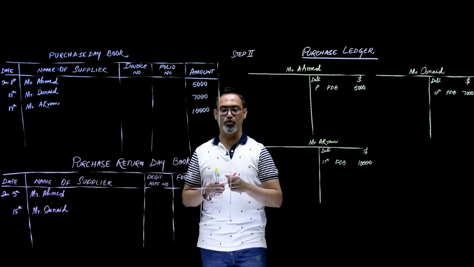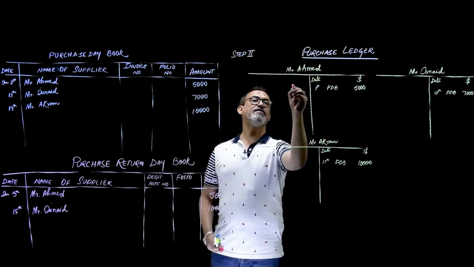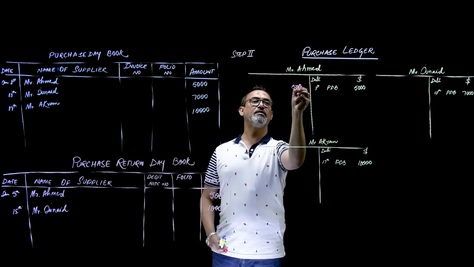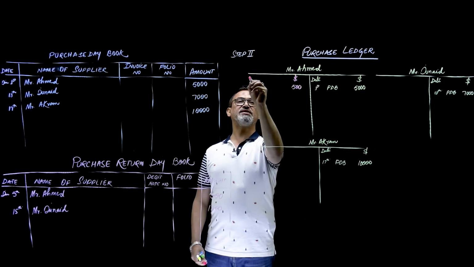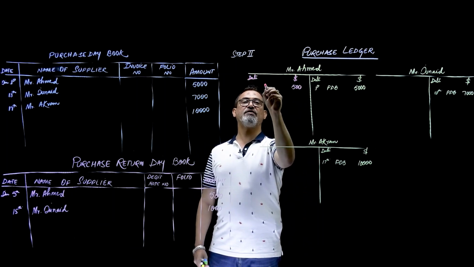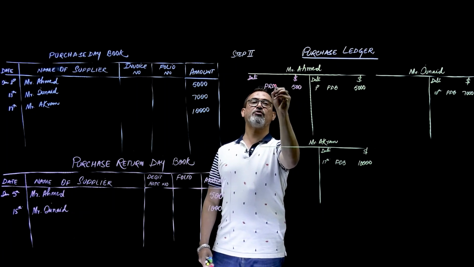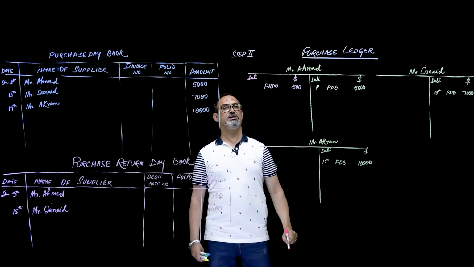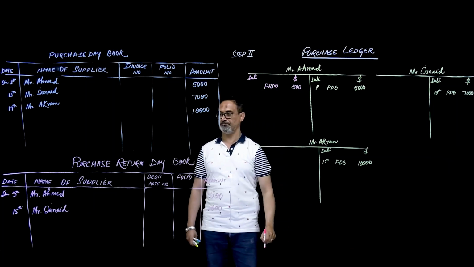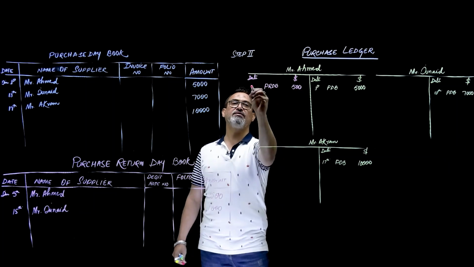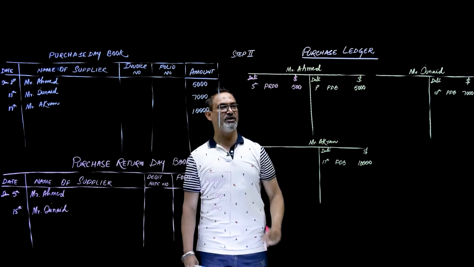So we post 500 on the debit side, write the reference purchase return day book, and the date 5th of January.